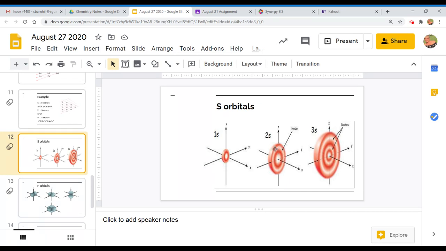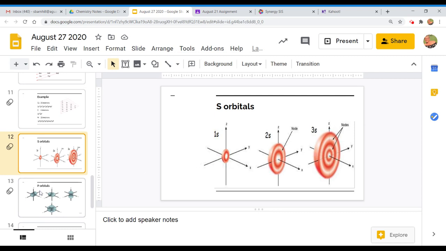The second s orbital on the second energy level is larger than the first, and it is completely surrounding the first energy level. Then the third energy level, of course, is bigger. It's surrounding the second and the first energy level. But if you notice, they all have just a round circle, a spherical shape.